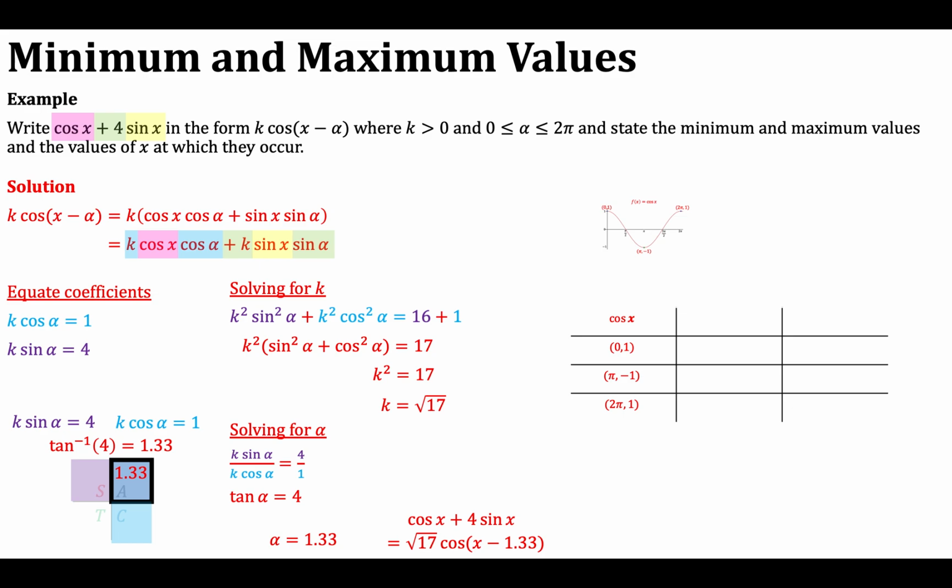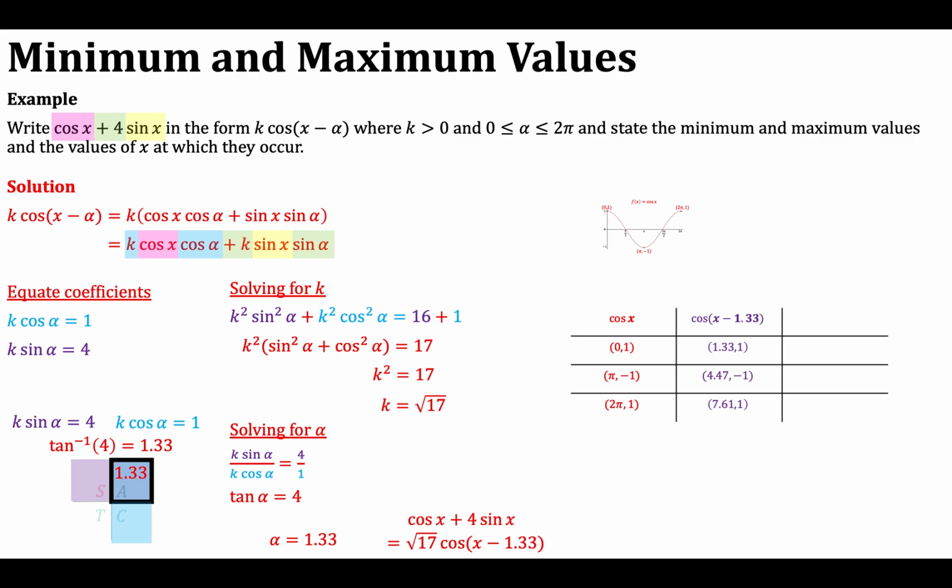So we've got the point 0, 1 for a maximum, pi, negative 1 for a minimum, and another maximum at 2 pi, 1 as well. If we now look at the graph of cos of x minus 1.33, so remember we're adding 1.33 to all of our x coordinates, that will give us 1.33, 1, 4.47, negative 1, and 7.61, 1.